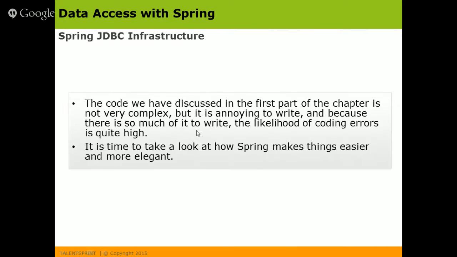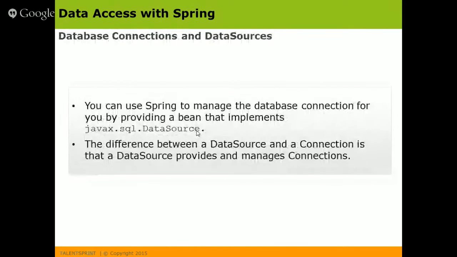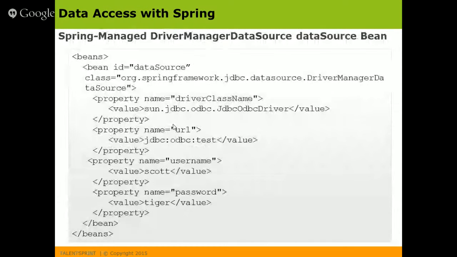But when I'm specifying a type 1 driver, we no need to specify that much detail which we specify for the type 4 driver. You can see the URL for the type 1, JDBC colon ODBC colon test. Simply we are giving the three values. We are not specifying any server name, we are not specifying any port number.